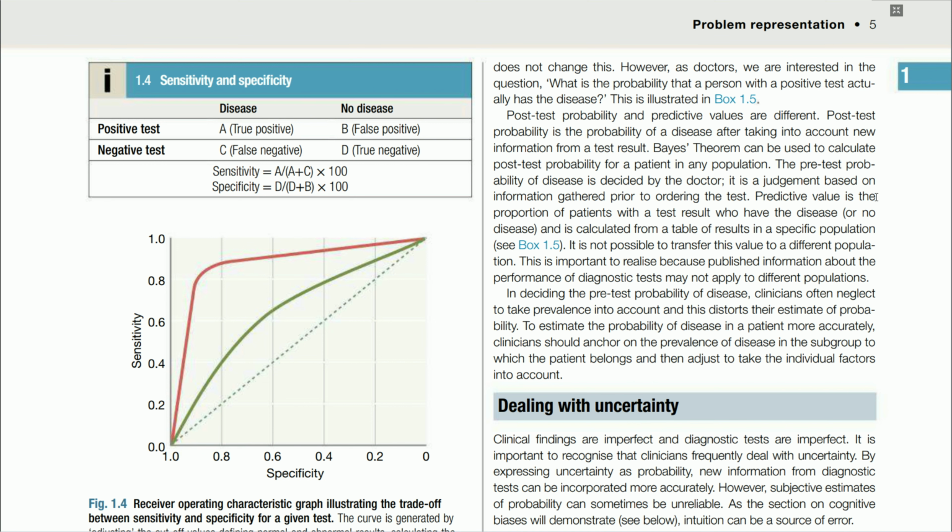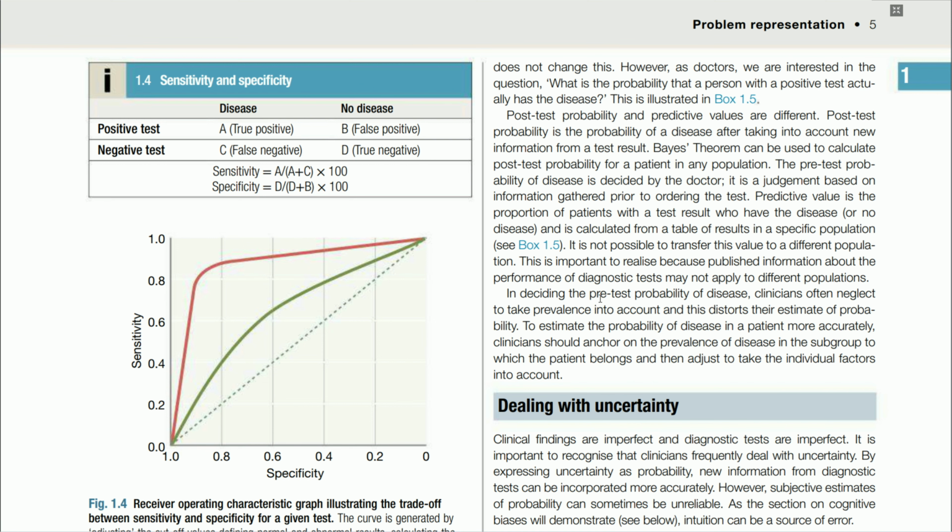Predictive value is the proportion of patients with a test result who have the disease or no disease and is calculated from a table of results in a specific population. See box 1.5. It is not possible to transfer this value to a different population. This is important to realize because published information about the performance of diagnostic tests may not apply to different populations.